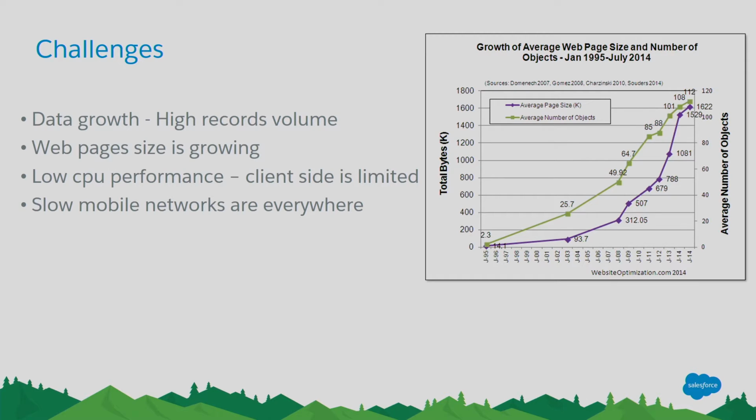And one of the biggest challenges that we are facing is internet connectivity. Many areas around the globe, and in the US also, still have low internet connectivity. And when I say internet connectivity, I mean 2G and even GPRS, which is very, very slow.